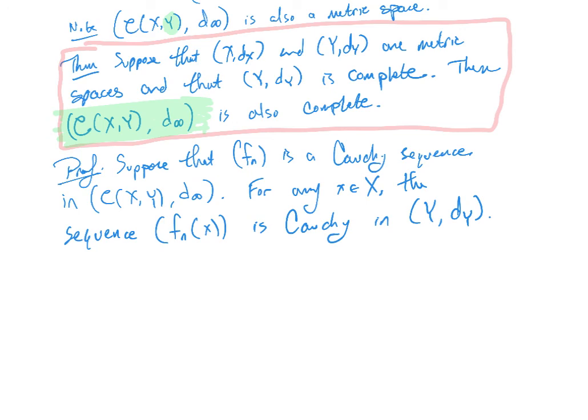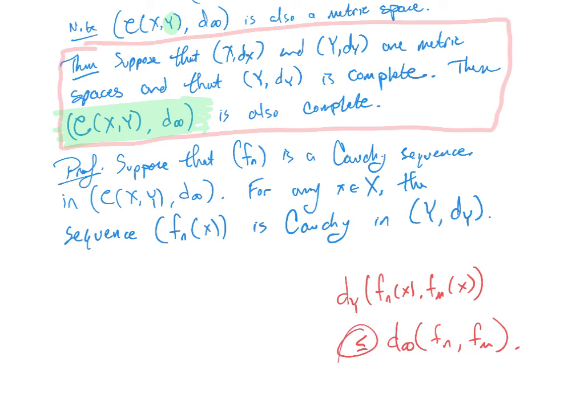Why is that true? I'll write it over here on the side. If you're looking at the distance between Fn of x and Fm of x, your upper bound on that would be, it's at most the uniform metric distance between Fn and Fm. Why is that true? Well, because x is one of the points in the domain.